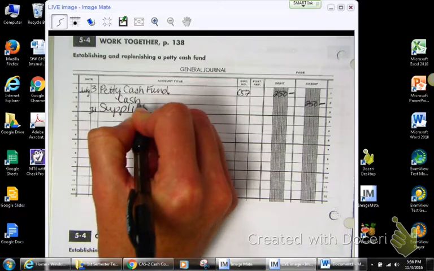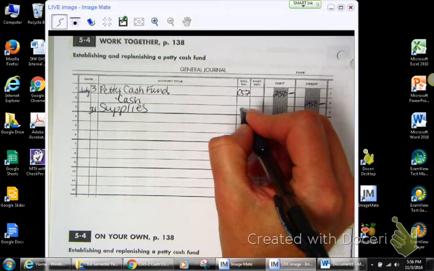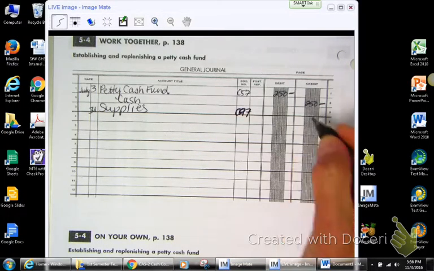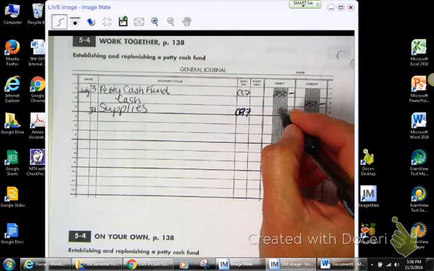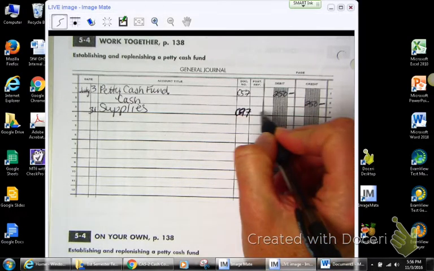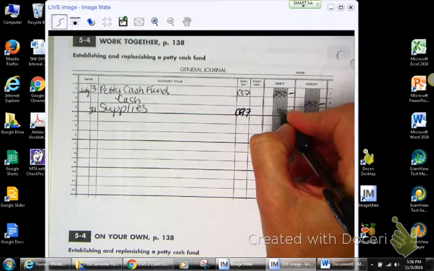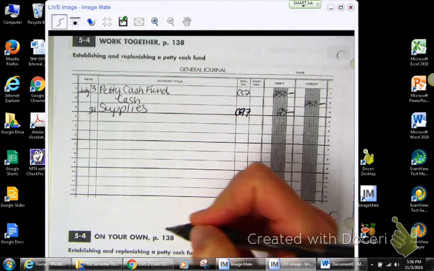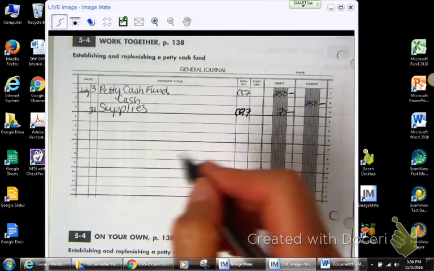We see supplies, and we know that we wrote check number 97 to ourselves, to get the money out of the bank for $78, but supplies is only affected by $25, because we have a petty cash slip that says we took $25 out of our petty cash fund to pay for supplies.